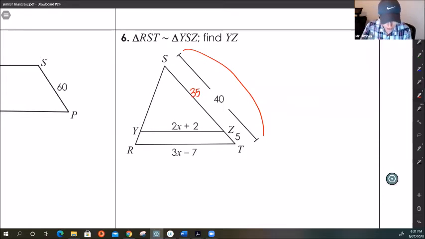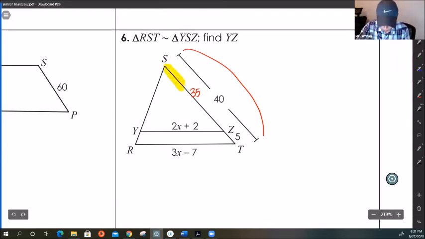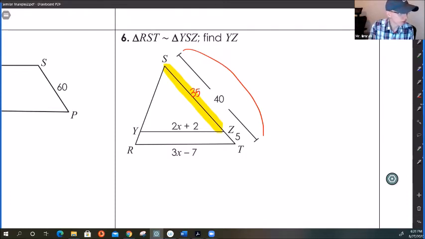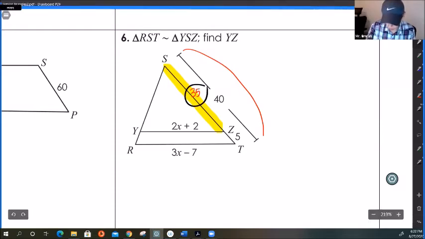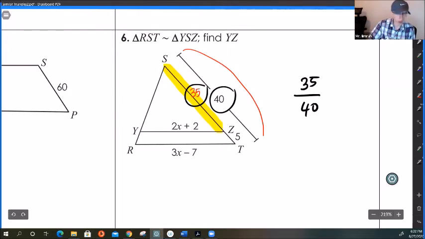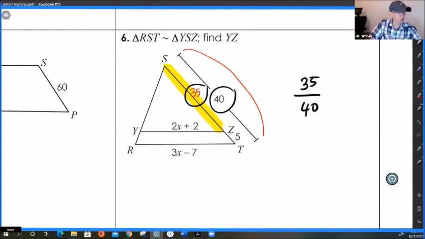And then the bases are given to me as 2x plus 2 and 3x minus 7. Now here is my question to you: what side corresponds to 35? ST, awesome. So 35 to 40 is the ratio, right? Then you'll make it equal to the base ratios and solve for it. Share your answers with me in the chat.